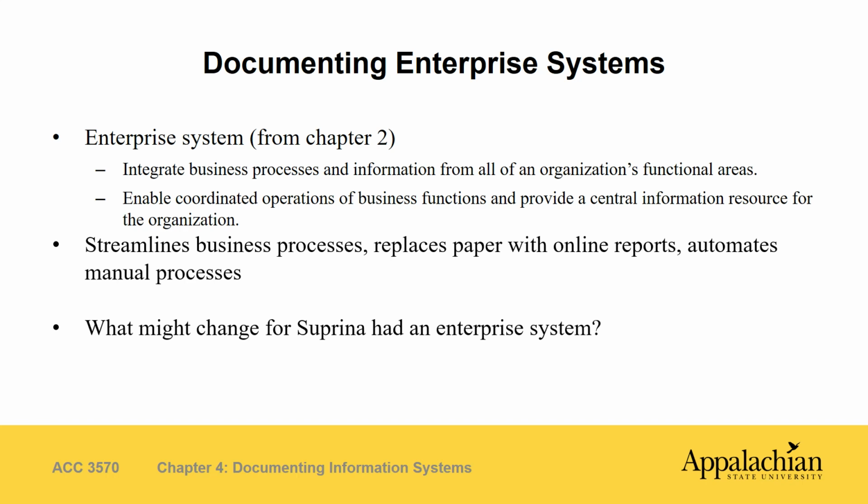So what might change for Sabrina, the example that we've given and the example in the book that we've worked through in these pre-class lectures? What changes would happen with Sabrina in an enterprise system? The one thing that I can think of is you would replace paper with electronic reports. There may be some others, but that's really the big one that I can think of.